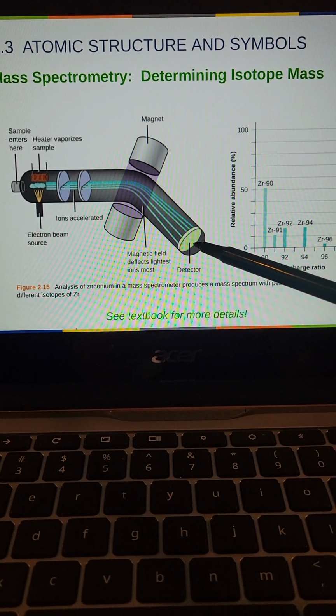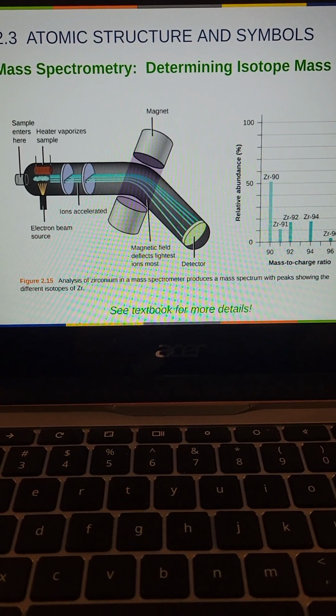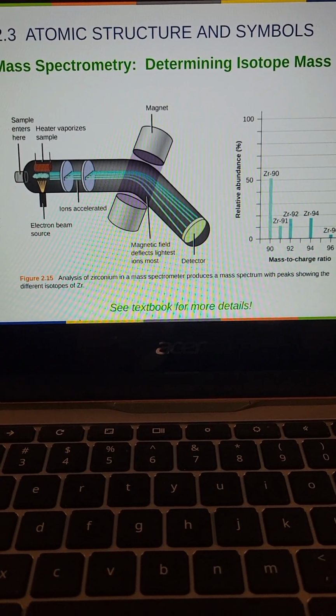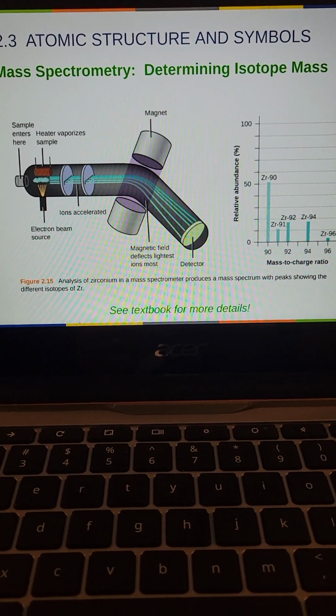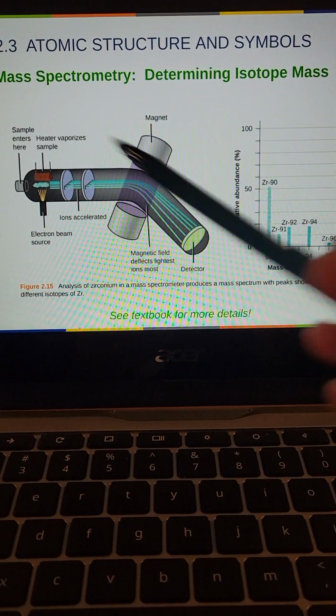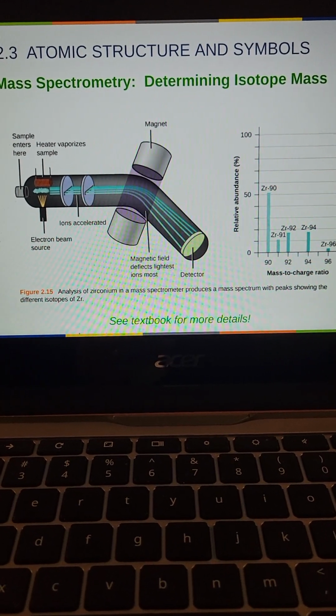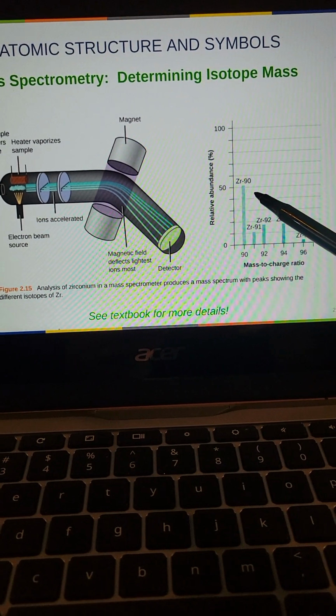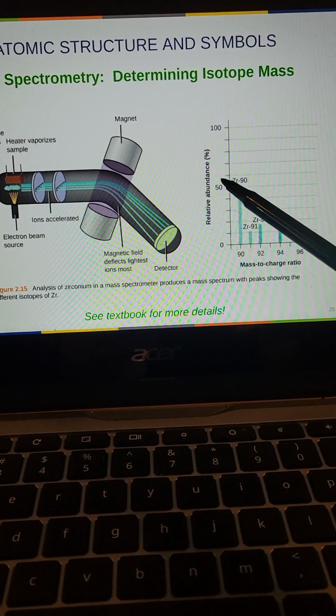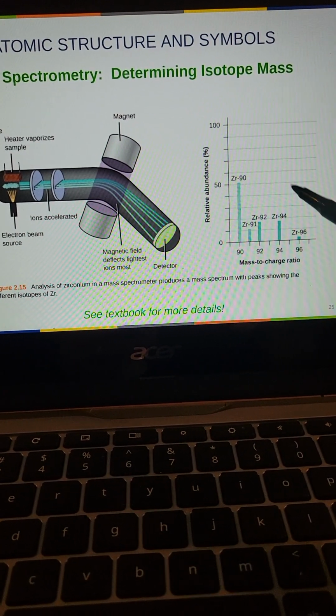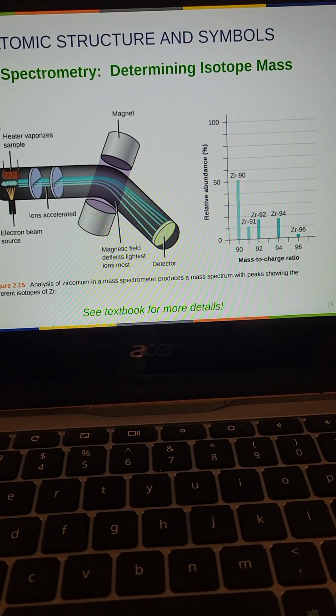So this is a way to identify an unknown sample. It's a lot of times used in things like CSI, or if you have an unknown sample or an unknown product, you'll run it through a mass spec to see what the machine tells you is present. In this case, you can tell that there is much more zirconium-90 than any of the other isotopes of zirconium.